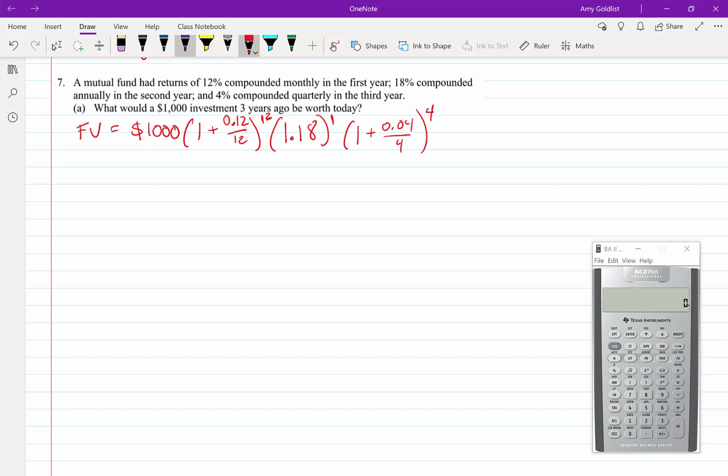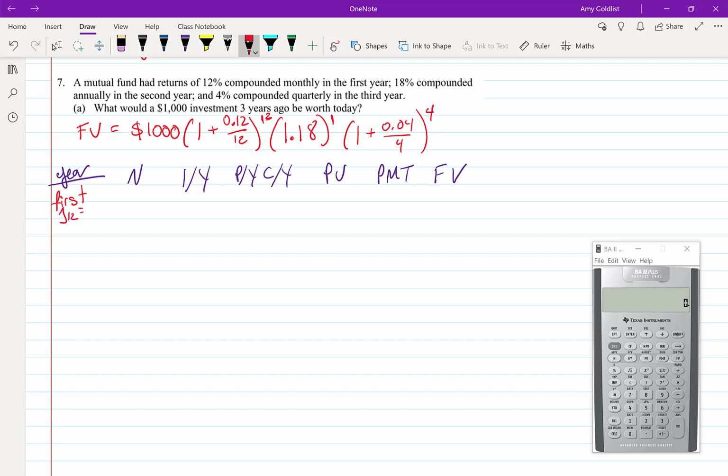However, most people prefer to use something like a calculator. So what we're going to do is look at this by using our BA2 Plus calculator and also by keeping track. So I'm going to add one extra column, and that's the year. In the first year, we earn 12% compounded monthly.